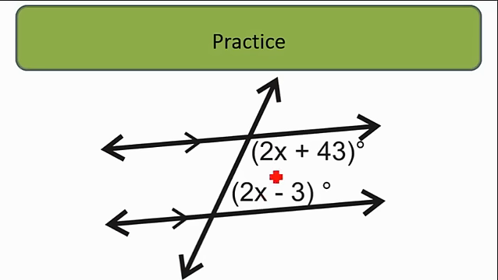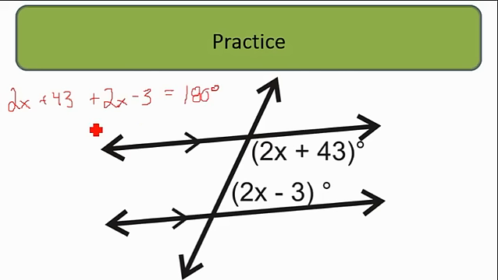Therefore, we have to add them together, and it should give us a sum of 180 degrees if those two lines are parallel. So, we take 2x plus 43, and we add 2x minus 3 to it. And all of that should equal 180 degrees.